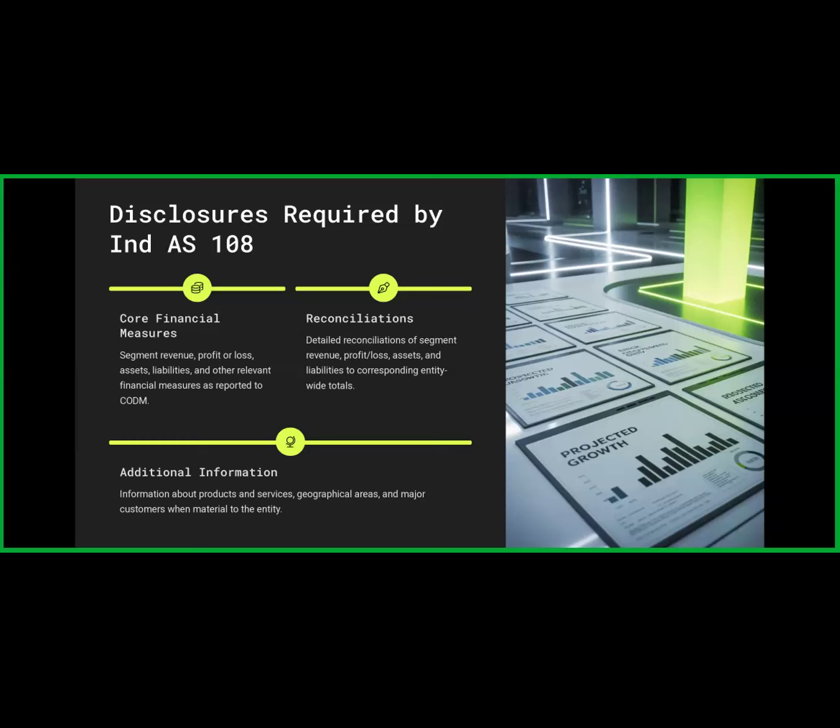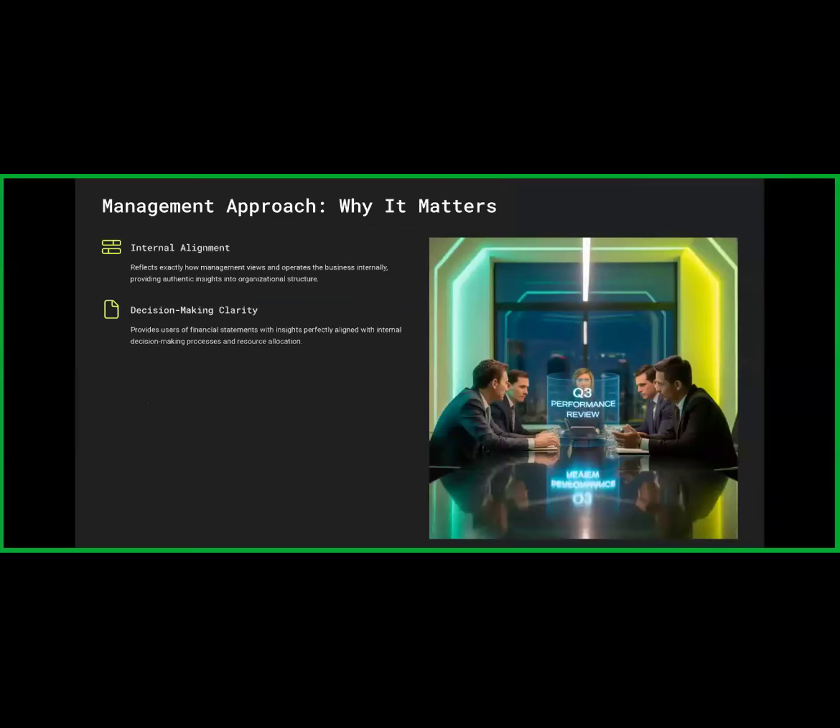And what additional information is needed? That is information about products and services, geographical areas, and major customers, when material to the entity. So all these things should be there as per Indian Accounting Standard 108.